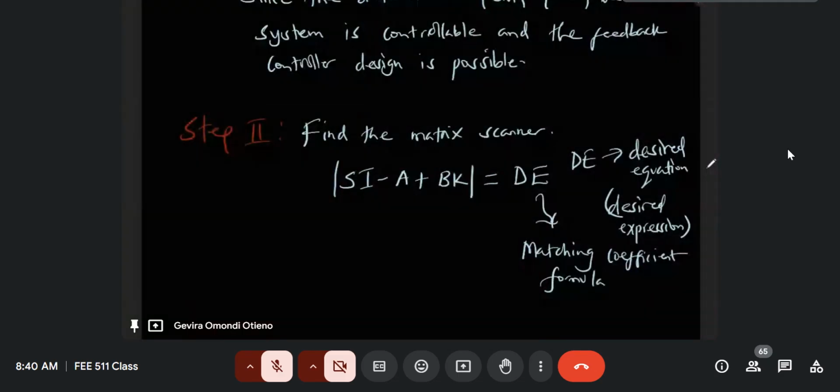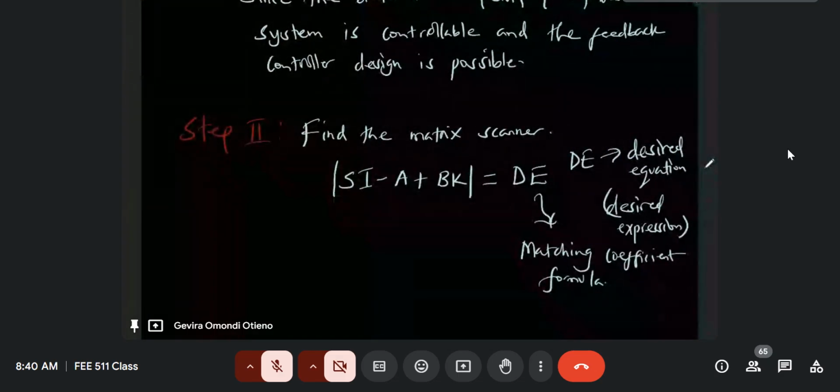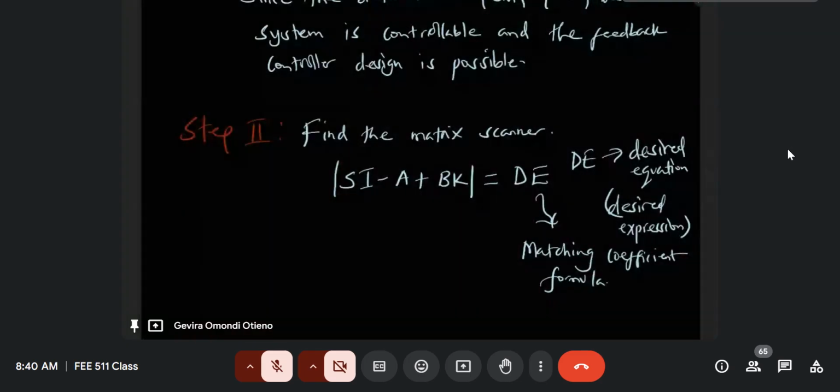Please note that whatever I'm discussing with you today is not obtained from any single book. It's a study of both Ogata, which you know, and the control system design by Nagrath and Gopal. It's a combination of different books, but the concept is what is critical here. So now we have to use the matching coefficient formula.